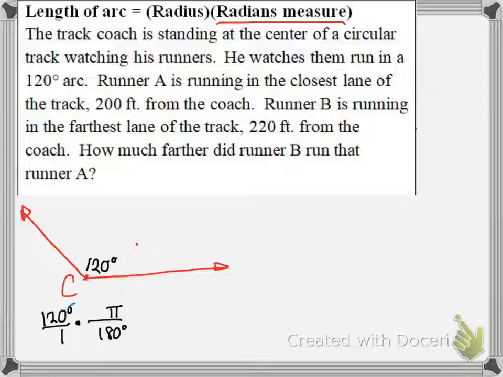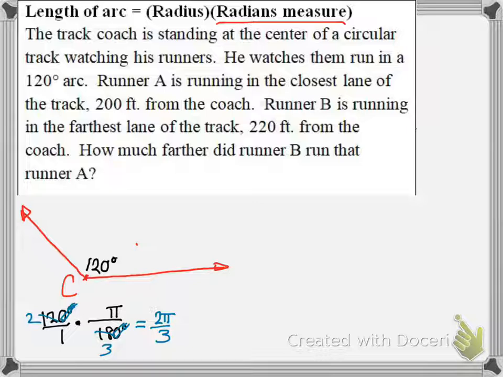Reducing, the degrees go. Divide by 10 takes that to 12. Divide by 10 takes that to 18. 6 goes in here 3 times. 6 goes in there 2 times. So I know that my radian measure is going to be 2 pi over 3.